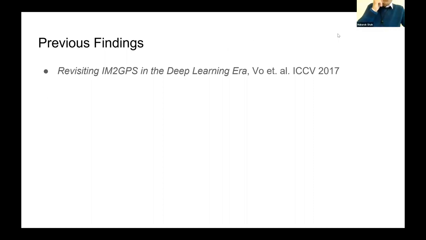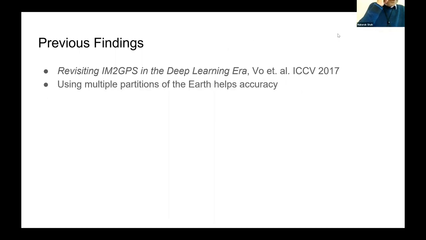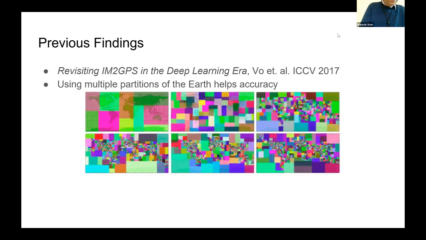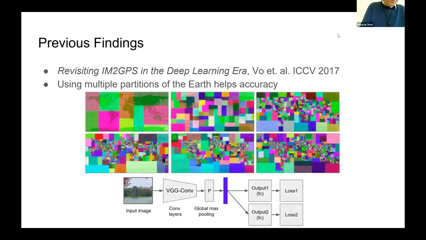Most of the work is the retrieval-based approach. One of the first papers, ICCV 2017, used the classification approach, and it divided the Earth into multiple partitions like this, and essentially computes these features.